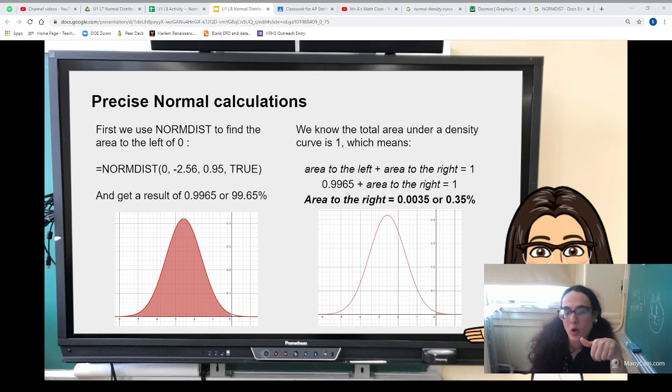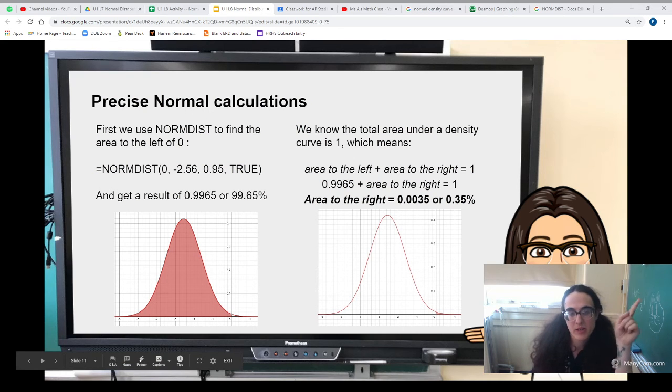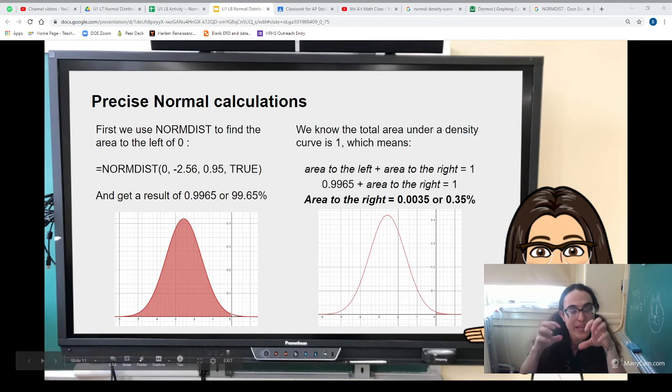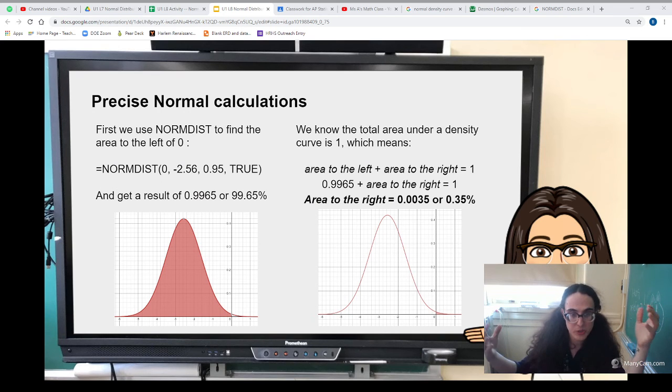But again, we want area to the right, not area to the left. But we can use something to our advantage. We know for all density functions, if you find the total area from all the way on the left to all the way on the right, from -infinity to +infinity, the total area will be 1. So the area to the left of 0 and the area to the right of 0, if we combine them, should give us this total of 1 because it's the whole distribution.